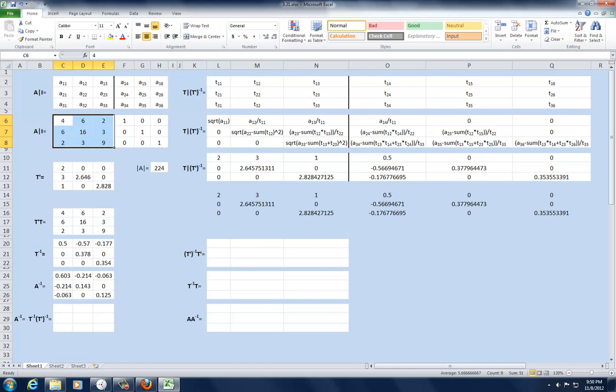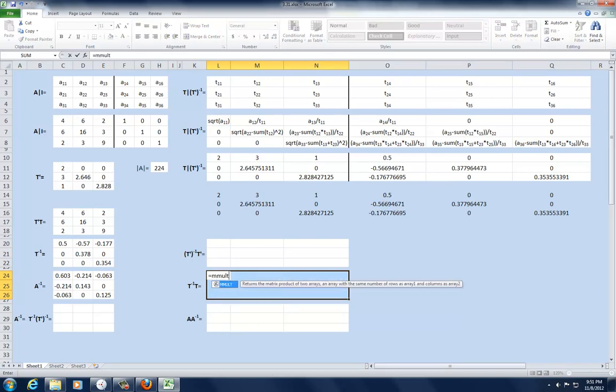Okay, I went ahead and put the inverse of T in, which we verified was that. And what we did to verify that, we took that times the T matrix, and I'll do that here. So the inverse of T times our T, which is here, and we should get an identity, which we do.